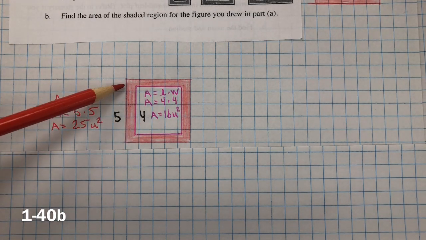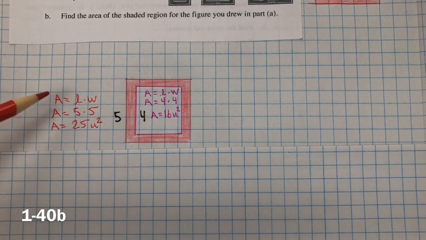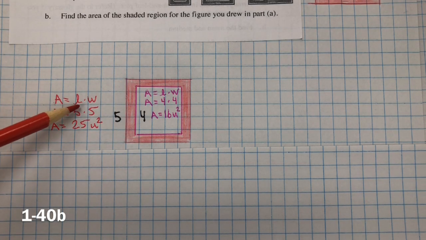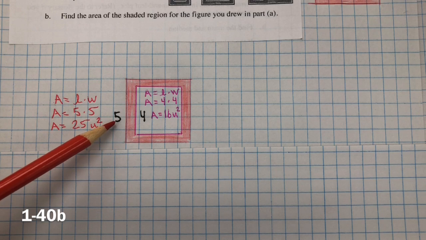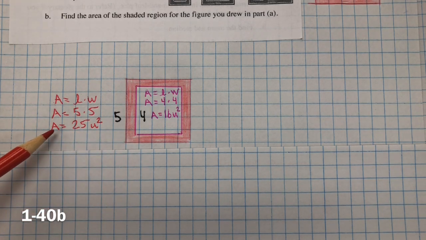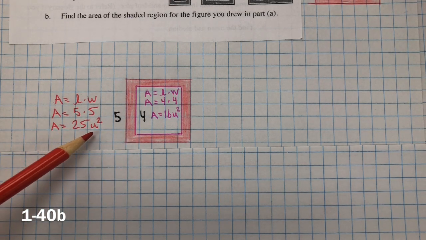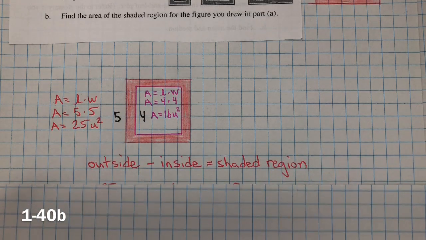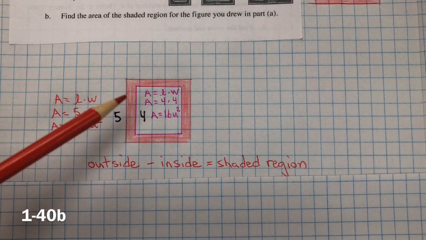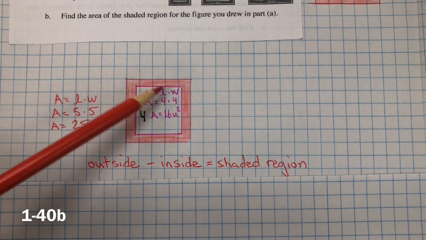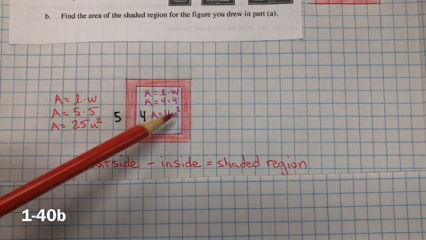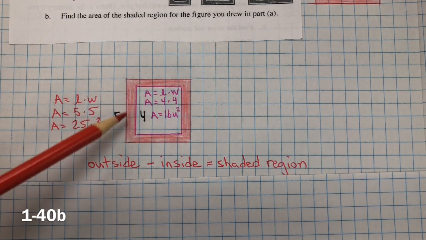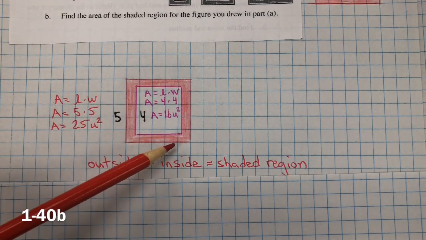Now we need to find the area of the outside. Again, area equals length multiplied by width. We have 5 multiplied by 5. So area equals 25 units squared. Now, to find the area of the shaded region, we need to subtract this inner square to leave just this red part.